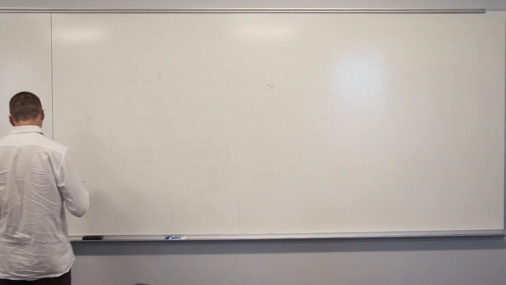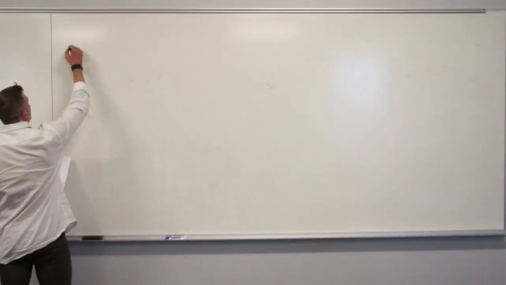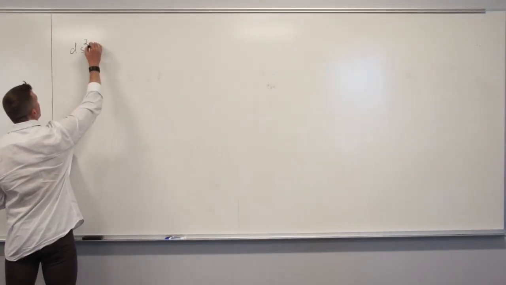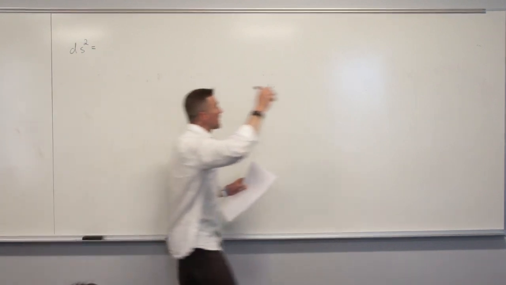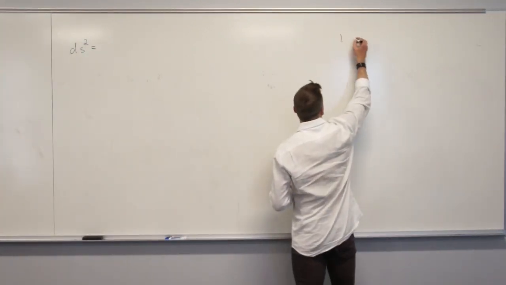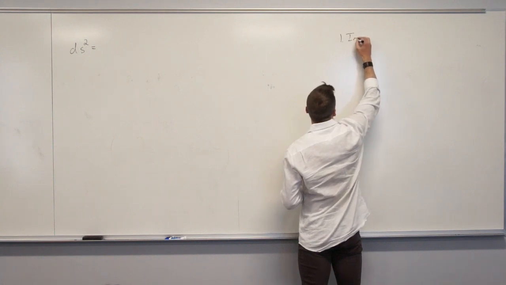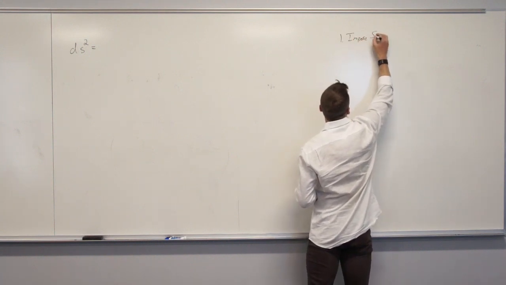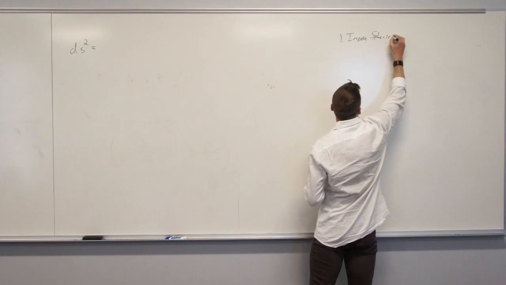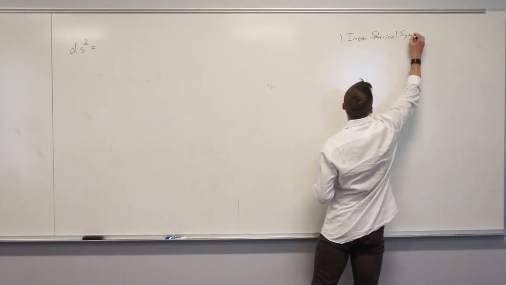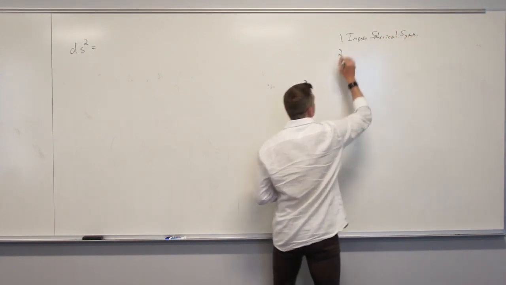where was I? Three pages left. Okay, so we have so far beaten our metric into the following form. And remember, our method has been to impose spherical symmetry, and imposing spherical symmetry let us make a lot of simplifications.